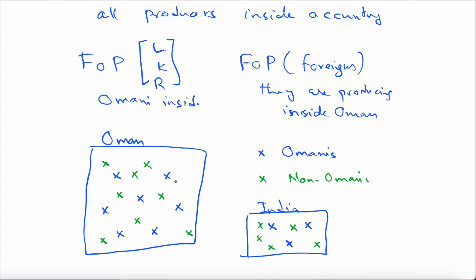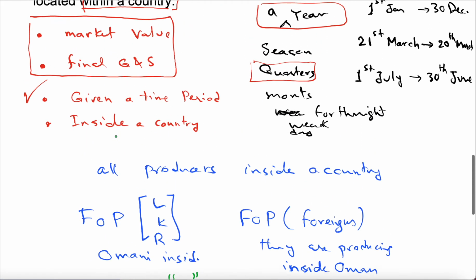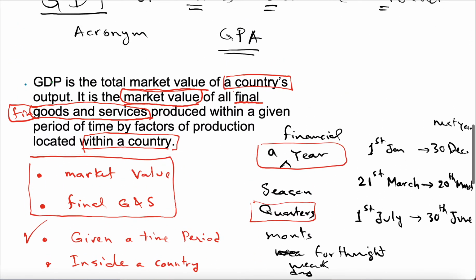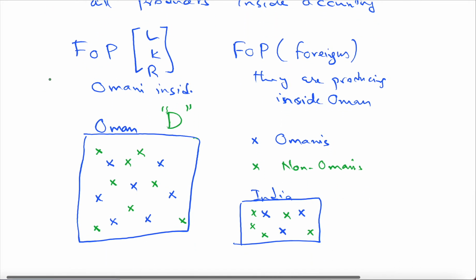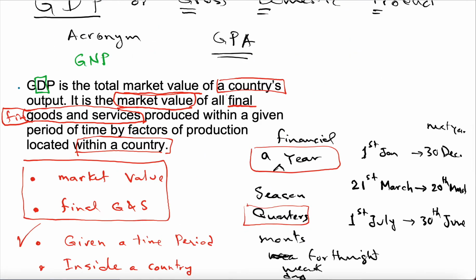So this D in the GDP, gross domestic, is related to the inside the country. So when we say GDP, this D means inside the country. If we use GNP, then it's different. It's gonna be whatever is produced by Omani. So we collect this up. Let me use a red.